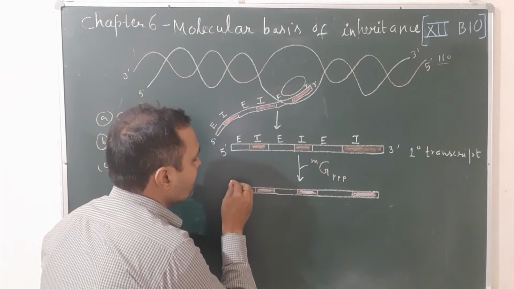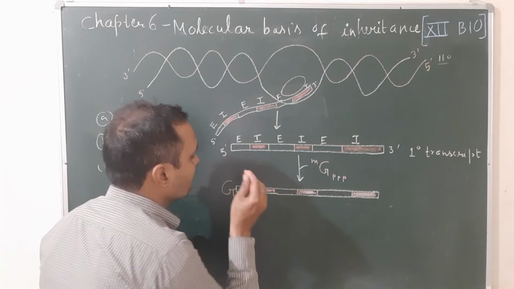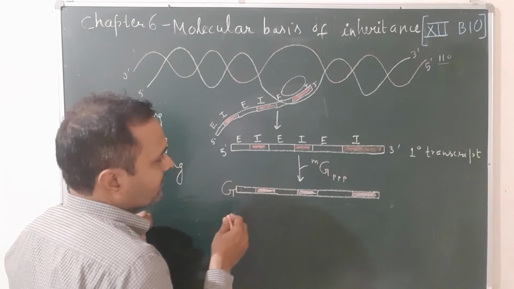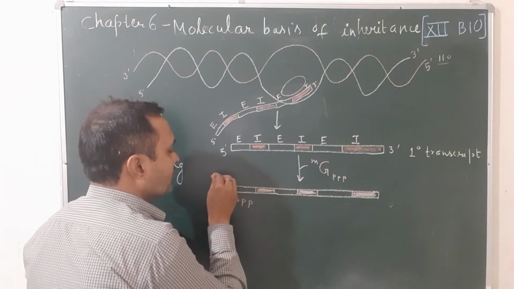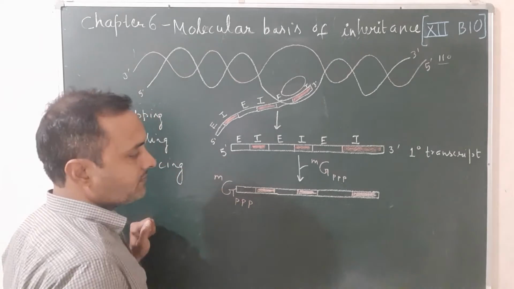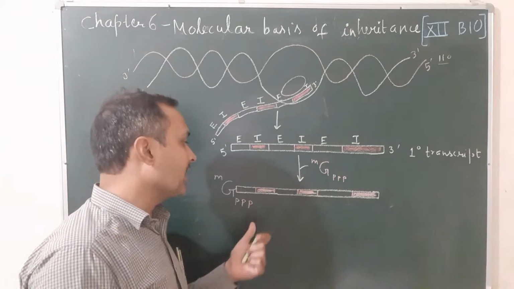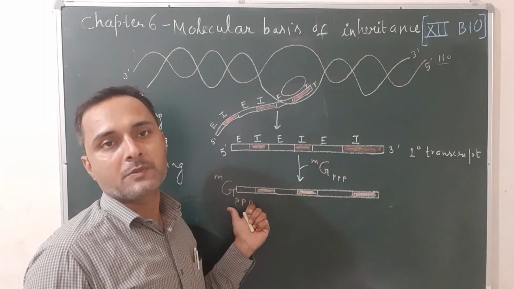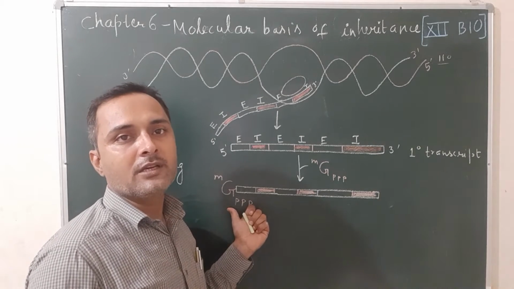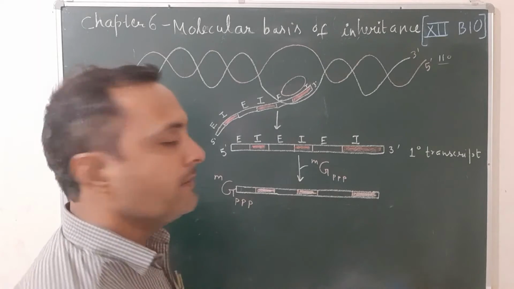This is the 5'. This is known as capping. Capping means something is added to the 5' end of the eukaryotic mRNA, and this methylated guanosine triphosphate protects it from various harmful enzymes in the eukaryotic living organism.